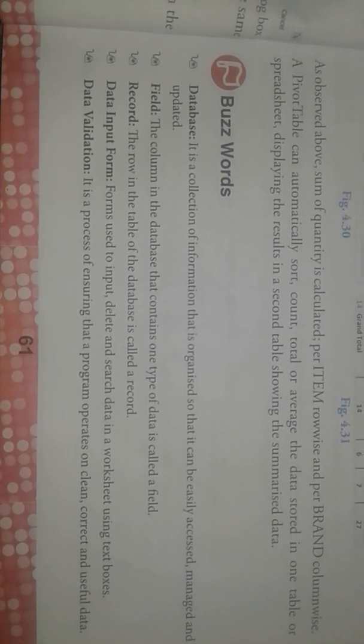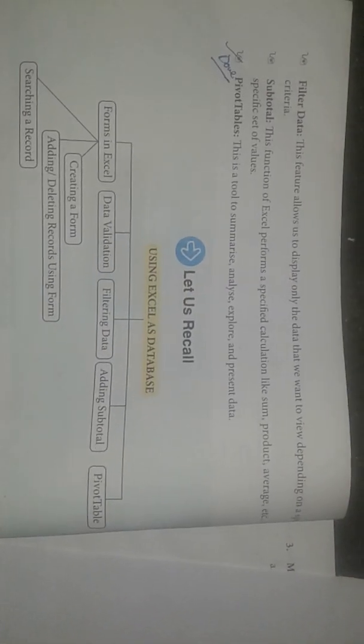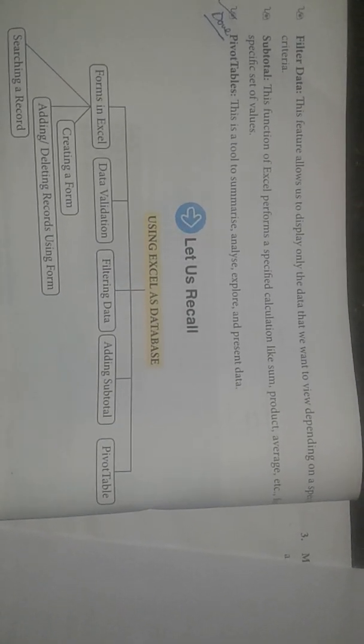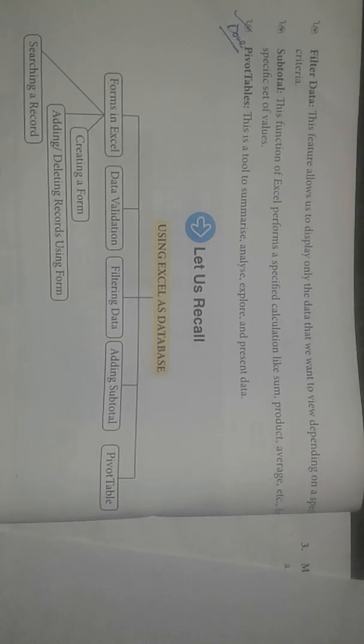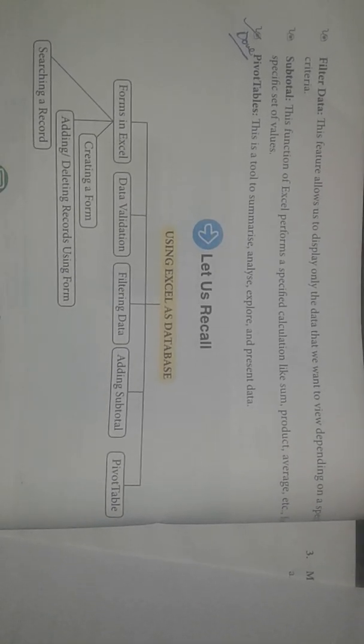Data validation, we already learned that one. It is the process of ensuring that a program operates on clean, correct and useful data. So these are some important definitions which you need to memorize. And the next one is filter data. The feature allows you to display only the data that we want to view depending on specific criteria. Subtotal.